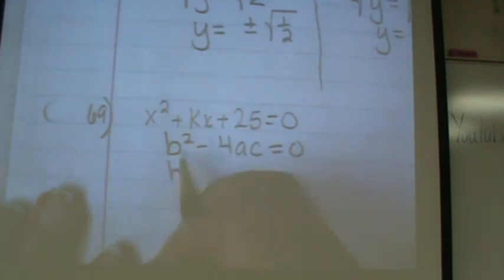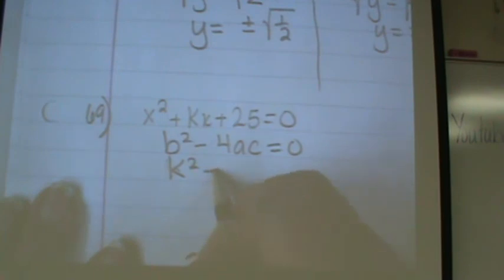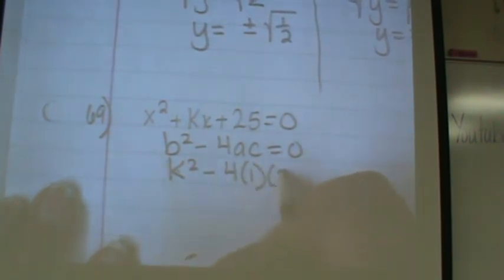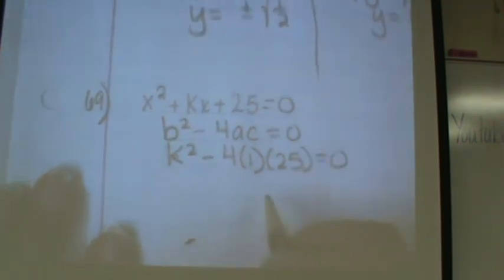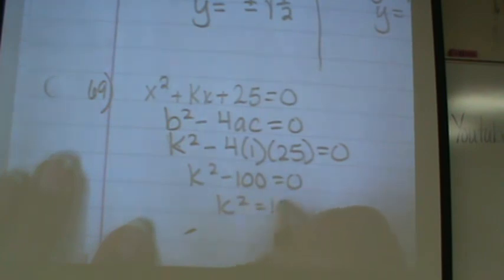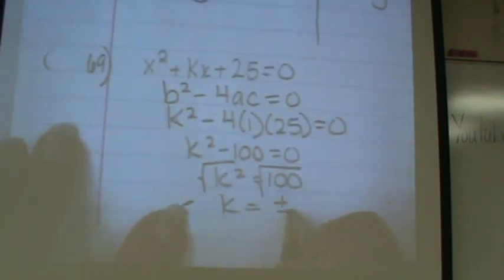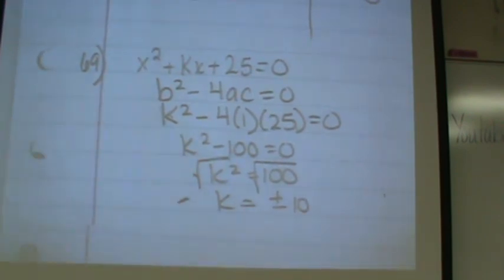So it's k squared, because k is b, k squared minus 4, a is 1, and c is 25. So these multiply to give you 100. Add 100 and square root both sides. So k is plus or minus 10. So if k were 10 or negative 10, those would be the solutions. And that is it. We are finished.